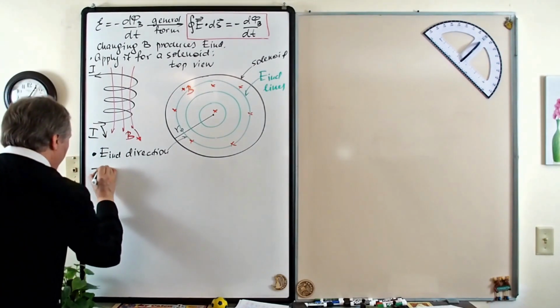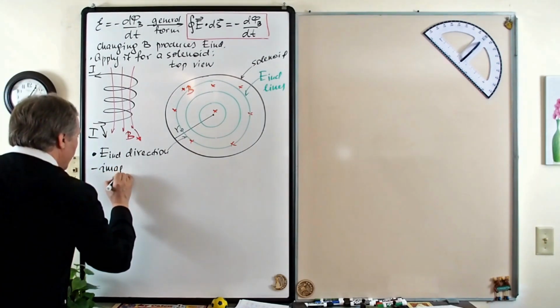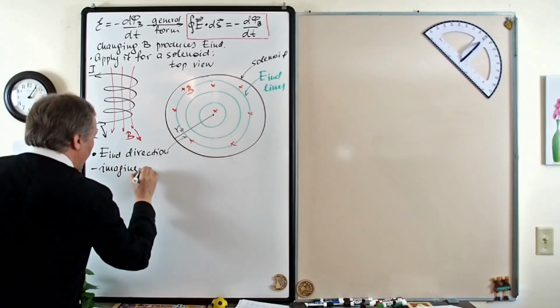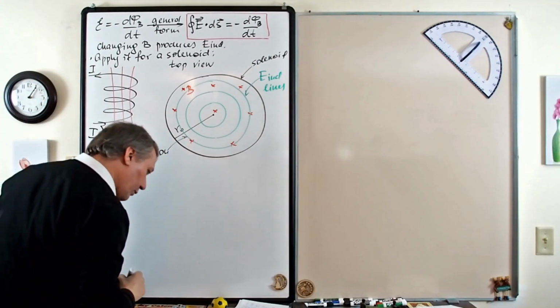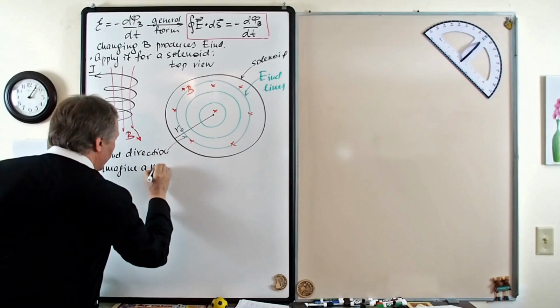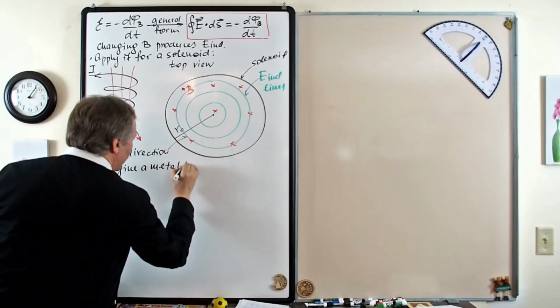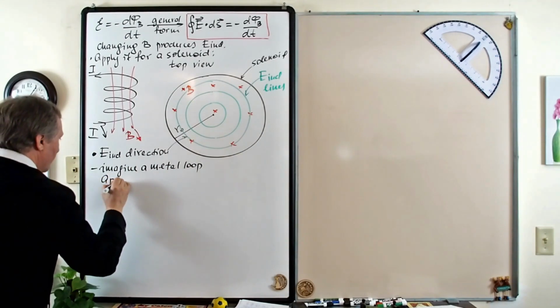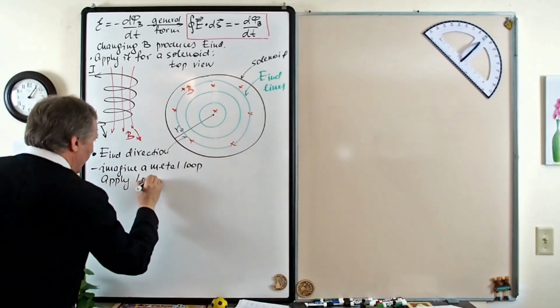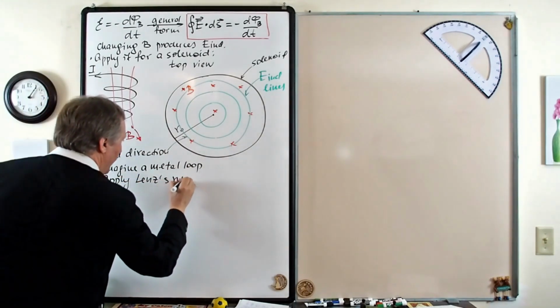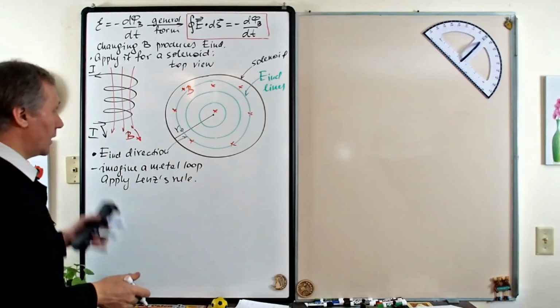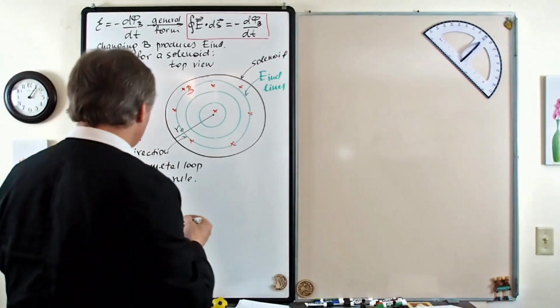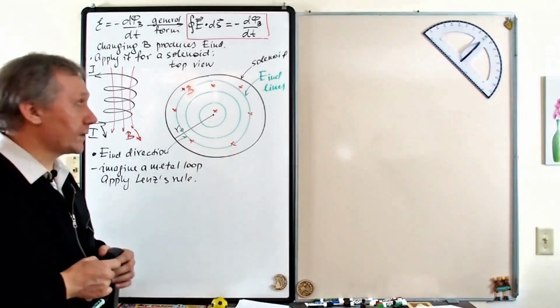So imagine a metal loop, and then apply Lenz's rule, and you will be able to find the direction of the electric field lines.